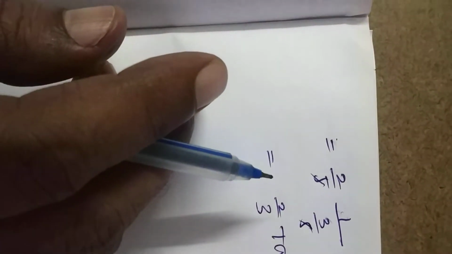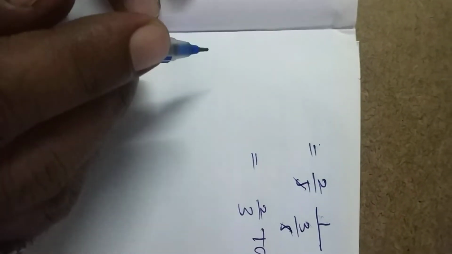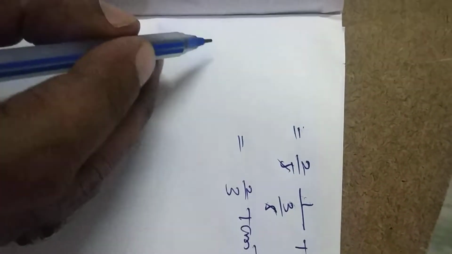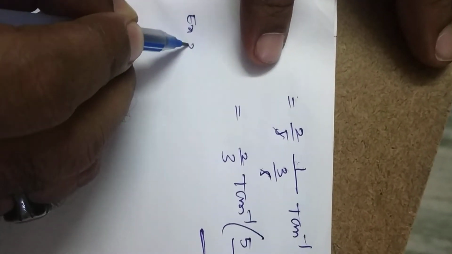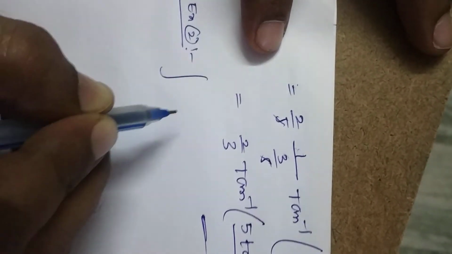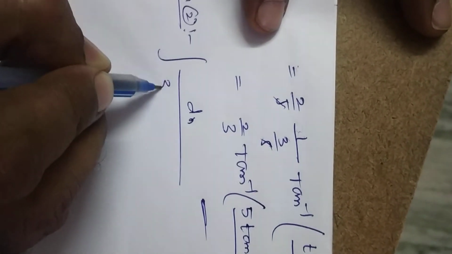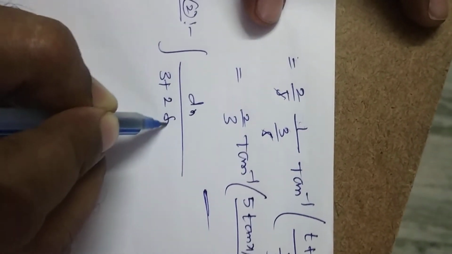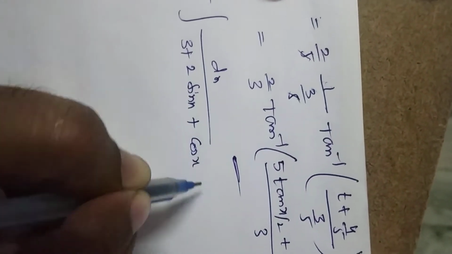one example. So next further examples what we have, you try to simplify them, you try to do these problems. So example number 2, that is evaluate integration of dx by 3 plus 2 sin x plus cos x.